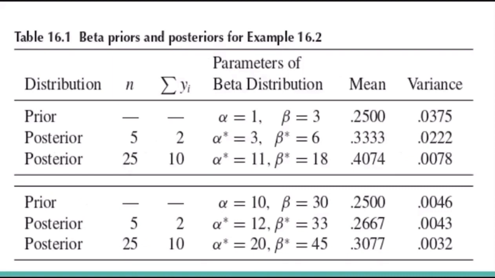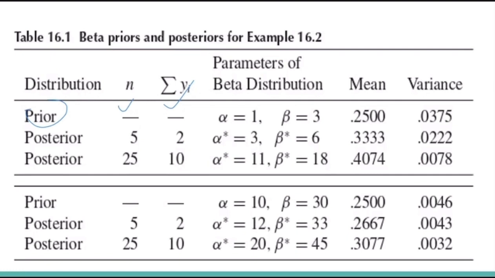If you take a look at this table, it's going to give you the opportunity to figure out what is a prior mean and what is a prior variance. Of course, here when n is not given, summation y is not given, we can only talk about prior, because prior distribution is the probability of the state of nature before collecting data.